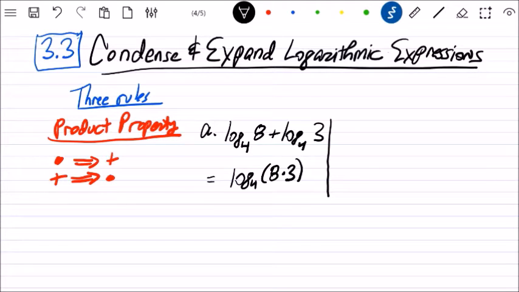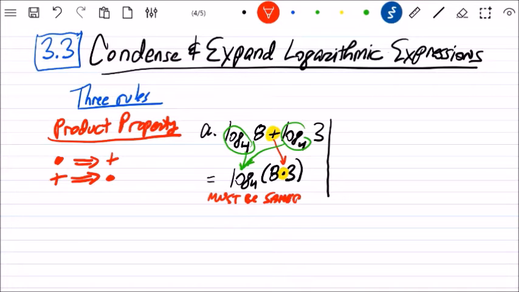Because this is adding, it can become multiplication, but notice that the log base 4s merge together. You're putting together two log base 4s, which you're allowed to do if they're the same base. Important point: must be same base.